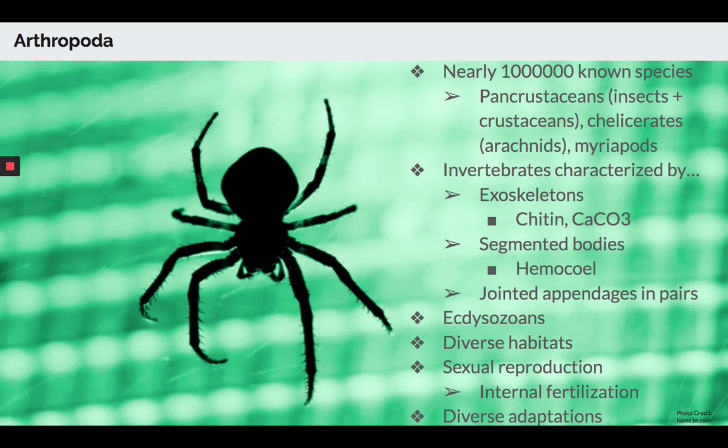The 3 main lineages of arthropods are the pancrustaceans, chelicerates, and the myriapods. Some of the more well-known arthropods are lobsters, spiders, ants, centipedes, and millipedes. Arthropods come in all shapes and forms and live in most habitats. They have bilateral symmetry and can be small, large, motile, or sessile, and are recognized by the presence of exoskeletons, segmented bodies with a body cavity, and modified appendages that aid in movement, sexual reproduction, feeding, and other means of survival.